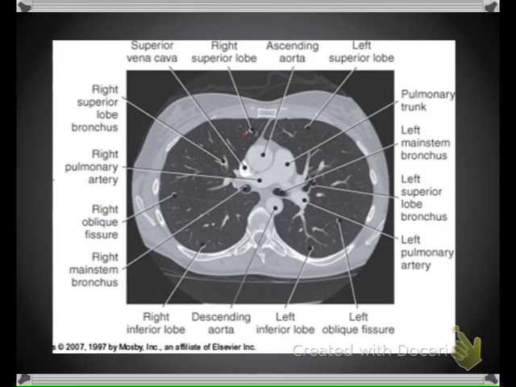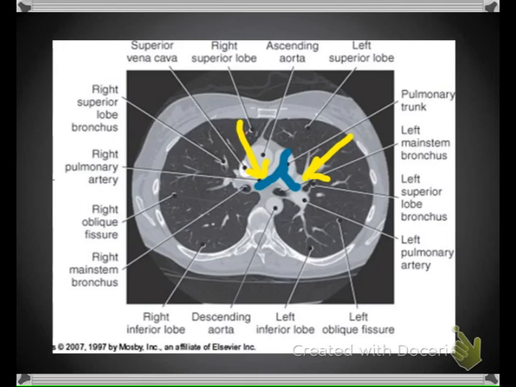Also, we do have this structure here, and many times this is what the pulmonary trunk will actually look like, with this being the right pulmonary artery and this being the left pulmonary artery.